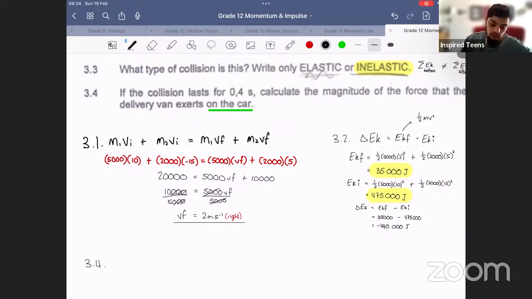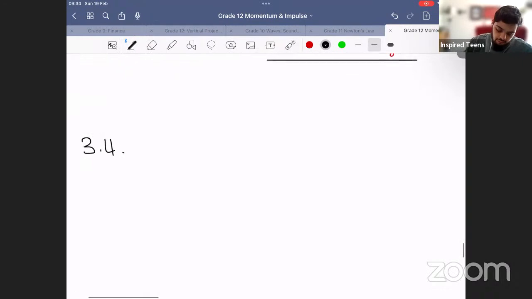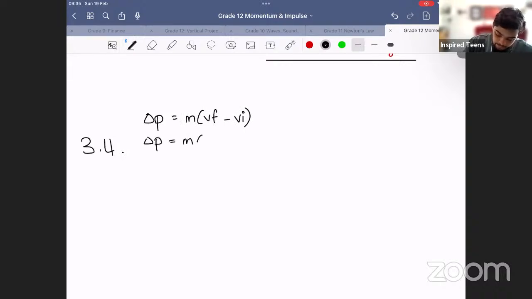Okay, so let's do the calculation. Net force, remember, we have 2 formulas. Delta P is equal to M, V final minus V initial. And delta P is equal to F net times delta T. In this case, they want net force. We were given delta T. We have the mass, of course.